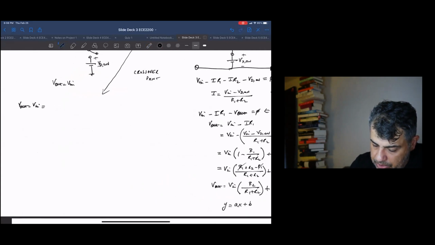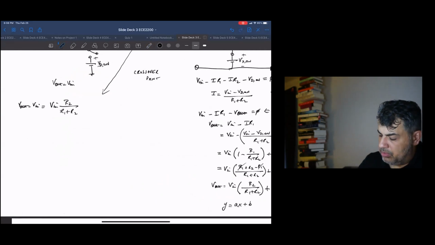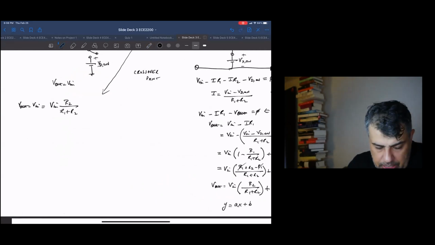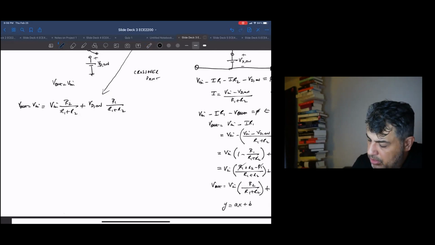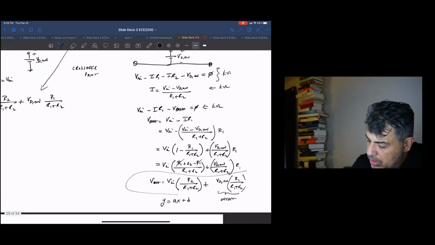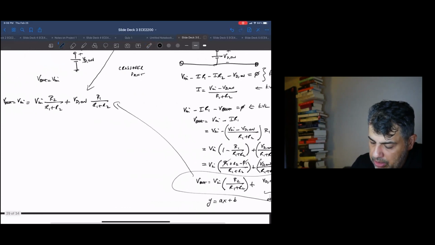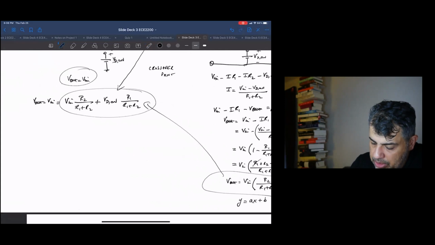Sorry guys, my pen is acting up. Vn R2 over R1 plus R2 plus VD on R1 over R1 plus R2. Again, I'm just grabbing that stuff, putting it here. These two have to equal each other at the crossover point. Okay, so now I start moving stuff around. I bring this guy over to the other side, separate out Vn.